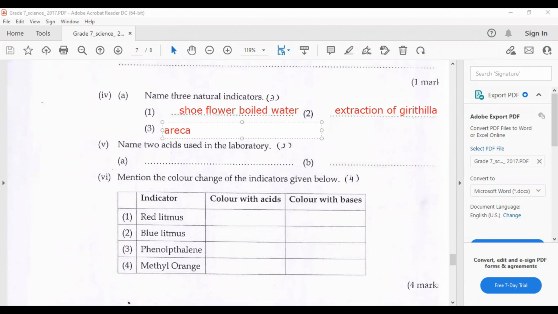Alpha boiled water. Name 2 acids used in laboratory. Hydrochloric acid. Nitric acid.